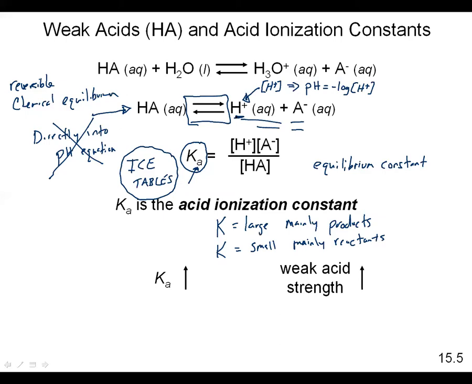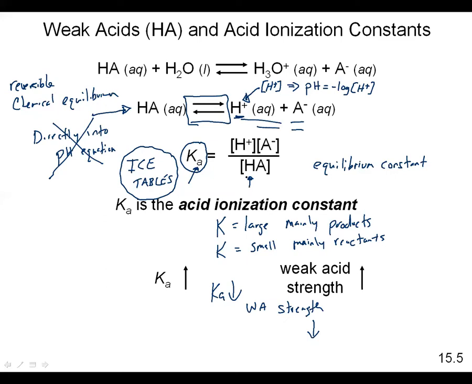And vice versa, if your Ka value was a small Ka value, that means that your weak acid strength would go down. And for the same reason, if you had a small value of K, that means when you reach equilibrium, you mainly have the entire acid still together, which by definition would mean you did not produce a lot of free H plus.